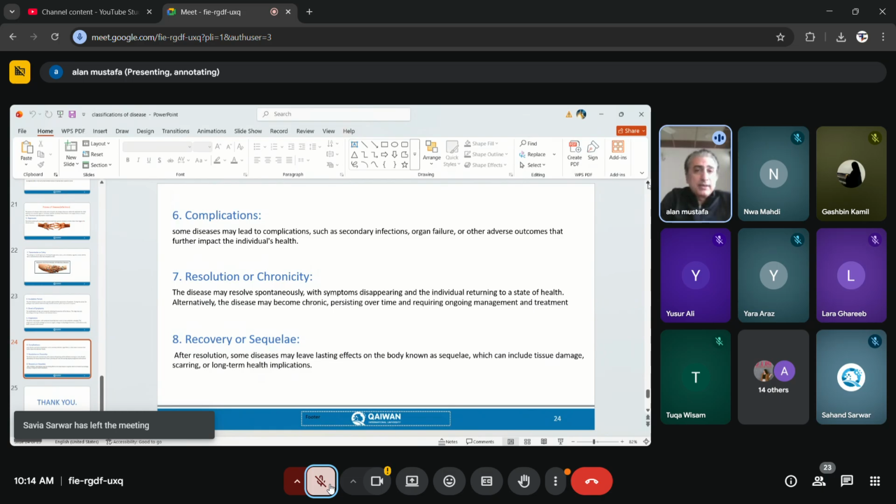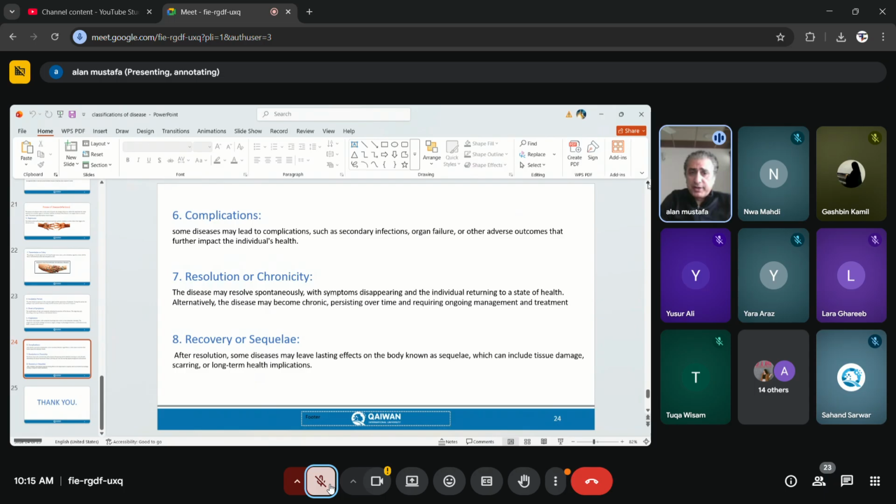Then after that, we have the stage of resolution or chronicity. So mainly here we talk about infectious disease. Either you get cured by itself, spontaneously, you get better, or you have treatment and you get better.